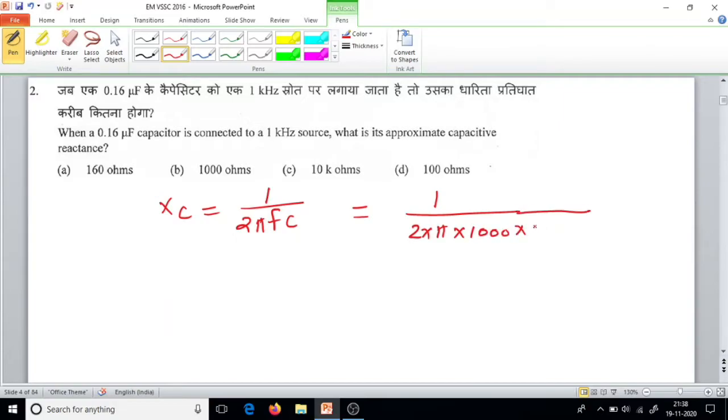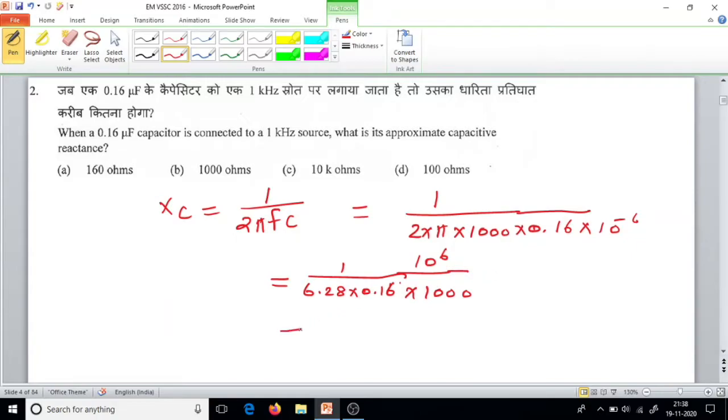Capacitance value equals 0.16 multiplied by 10 to the power minus 6, which equals 1 divided by 6.28 multiplied by 0.16 multiplied by 1000, and in the denominator we will get 10 to the power minus 6.